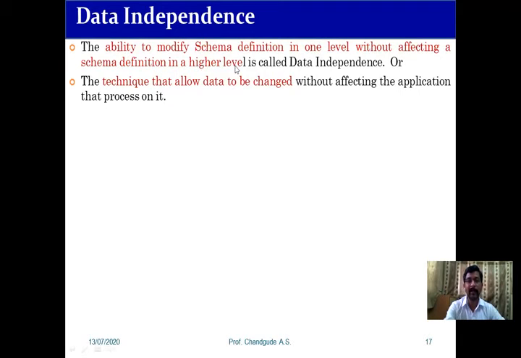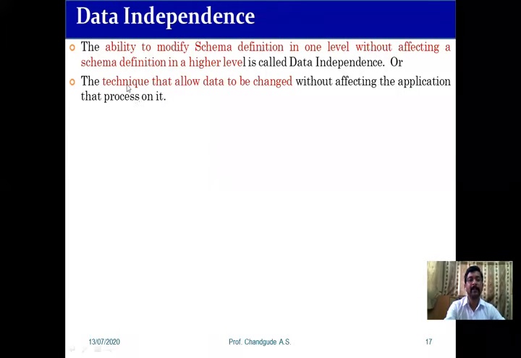in a higher level. There is also another definition: the technique that allows data to be changed without affecting the application that processes it, which is also called data independence.